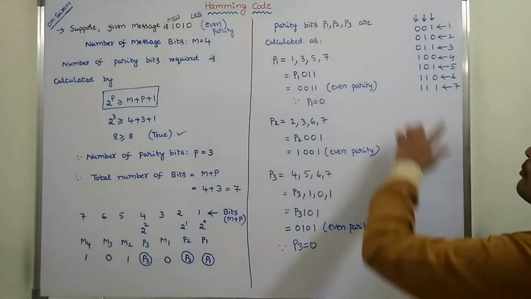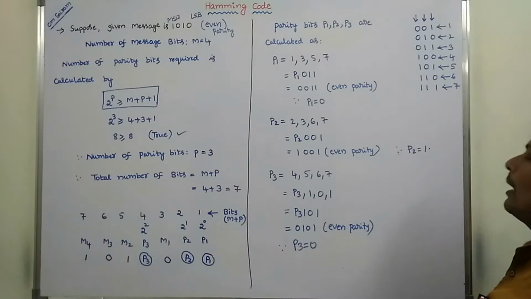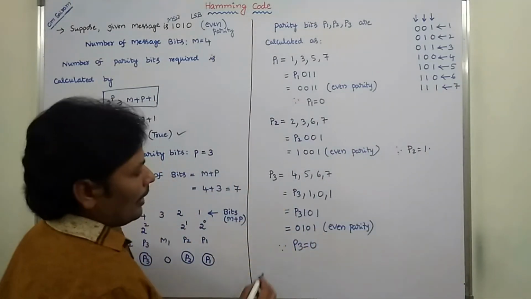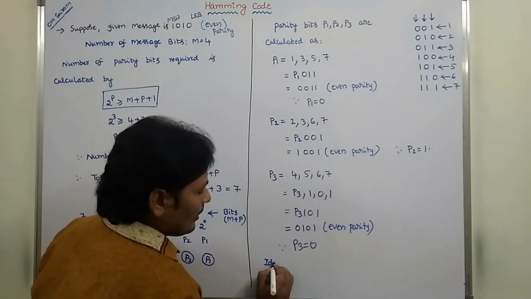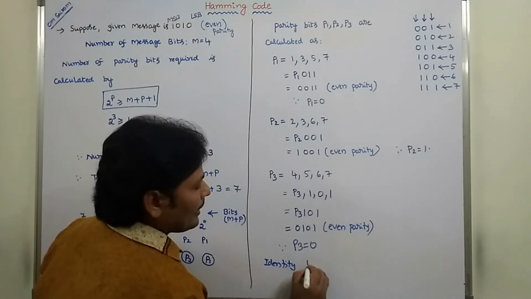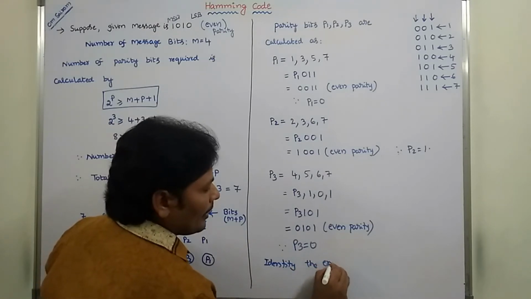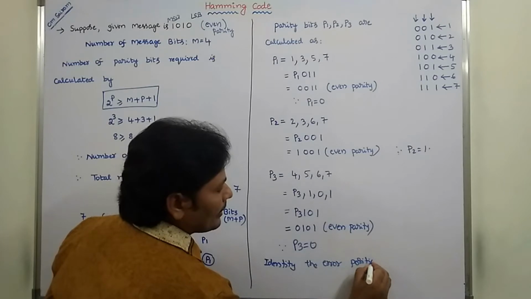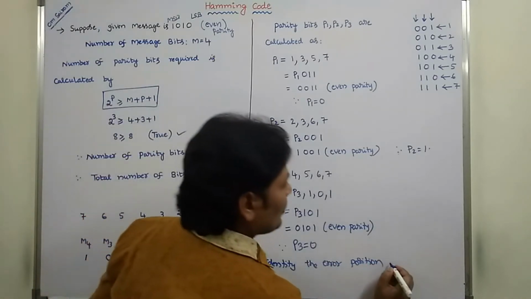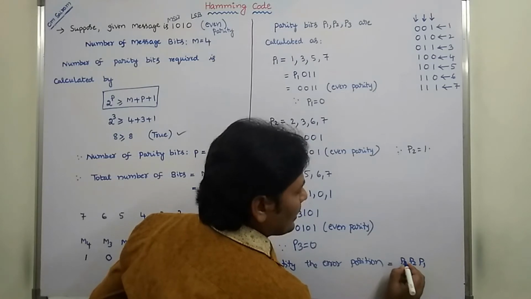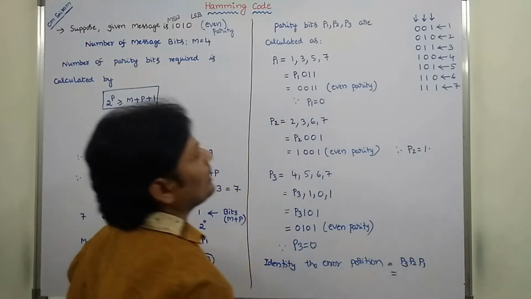Okay. Once we have calculated the P1, P2, P3 values, identify the error position. The error position is equal to P1, P2, P3. What are the P1, P2, P3 values?